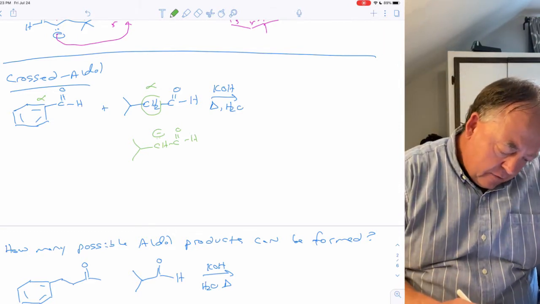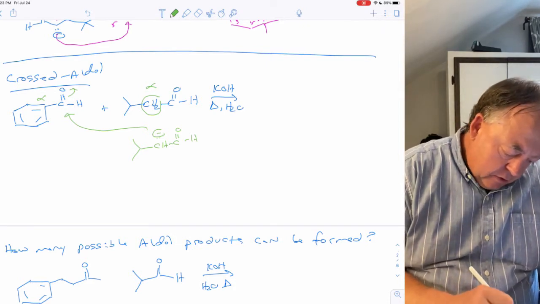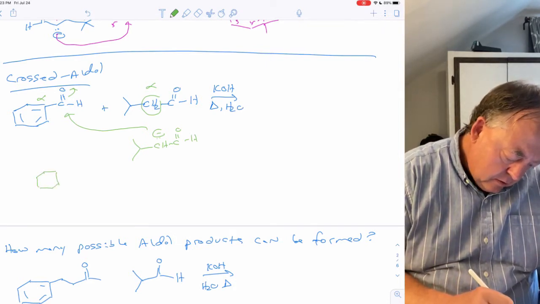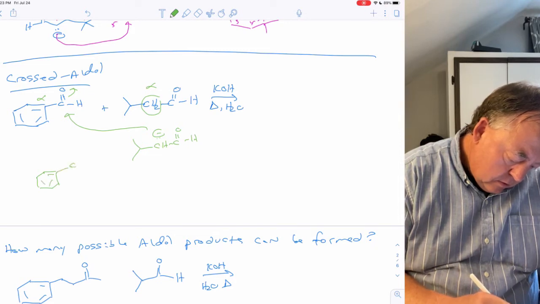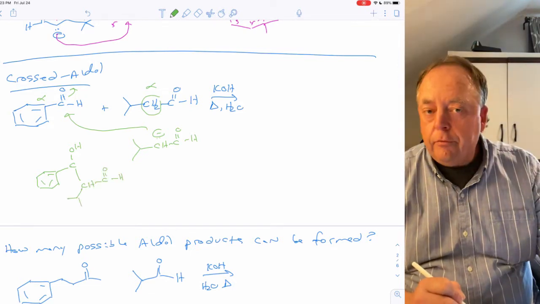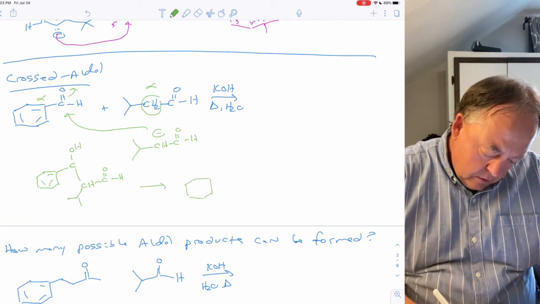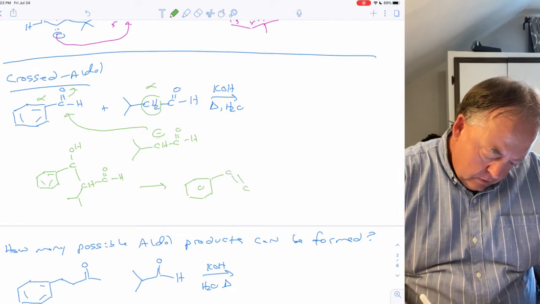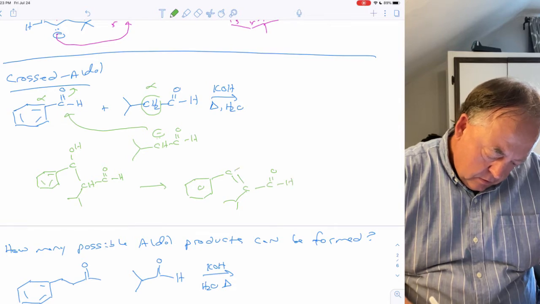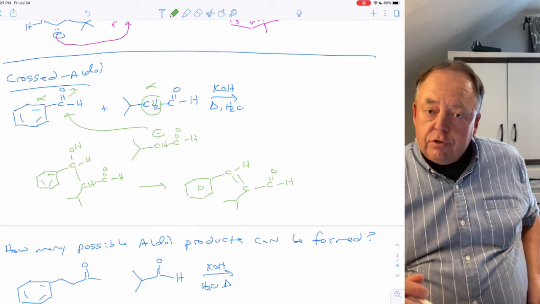And so now if that reacts here and that becomes an OH, then you would make that. Right, that will be your aldol product, and then if that dehydrates, you would make that as your product.